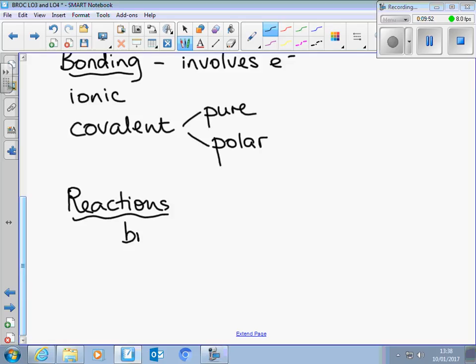So they're about breaking bonds in reactants and then making bonds in the products. And the bonds, of course, because they are electrons being shared or donated or received, then reactions are about the movement of electrons.